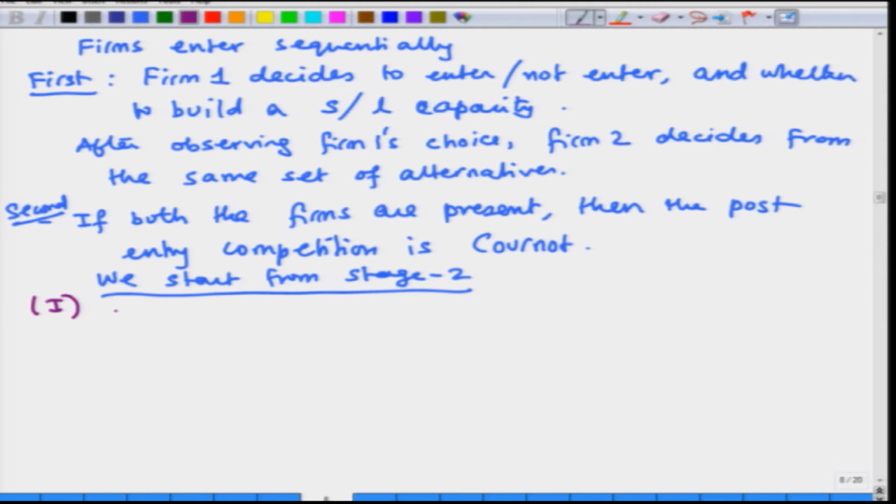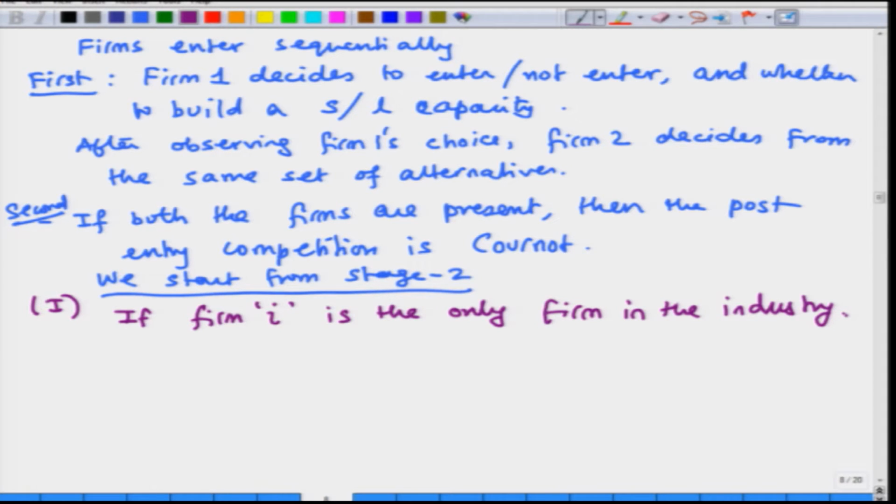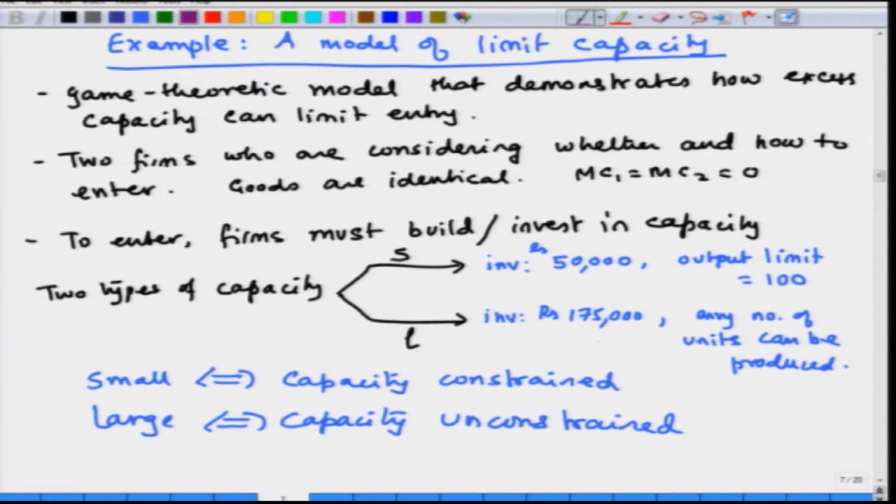So, if firm i, where i is 1 or 2, is the only firm in the industry, right, then what are going to be its profits. Now, we have put structure on the capital investment needed and the marginal cost of the firms.